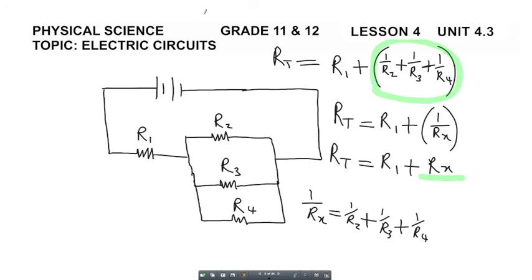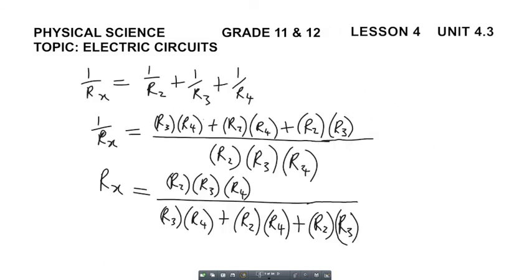parallel combination, but we are focusing on the overall resistance of a circuit, whereby I gave R1, R2, R3, and R4, whereas R2, R3, and R4 were classified to be in parallel, and then from there we got the total sum of those resistors in parallel, and that gave us Rx. From there, if we proceed by working out the individual Rx, mathematically speaking, we need to simplify the given fraction such that we look at the LCM, and R2, R3, R4 were given as LCMs.